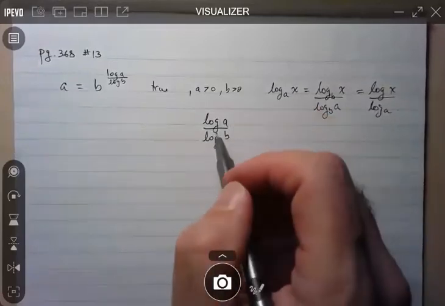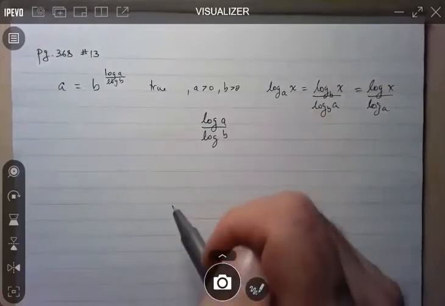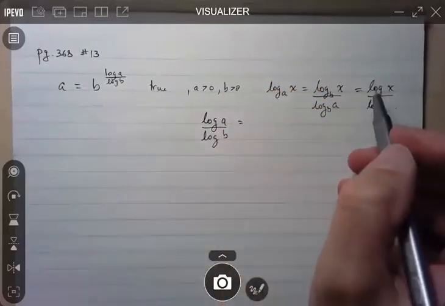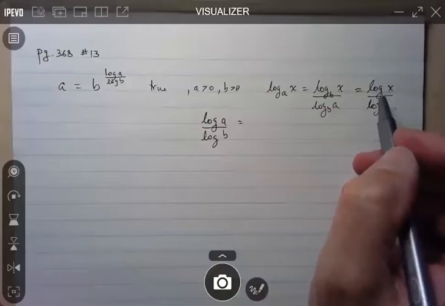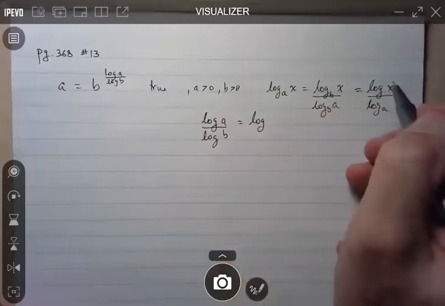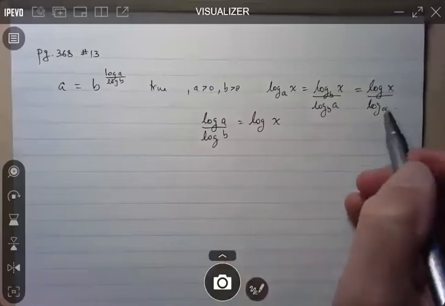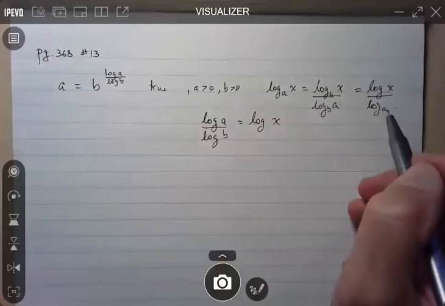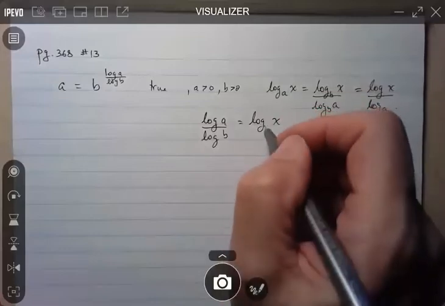So now let's use it to go backwards. The logarithm in the numerator represents the input, and the logarithm in the denominator represents the original base.